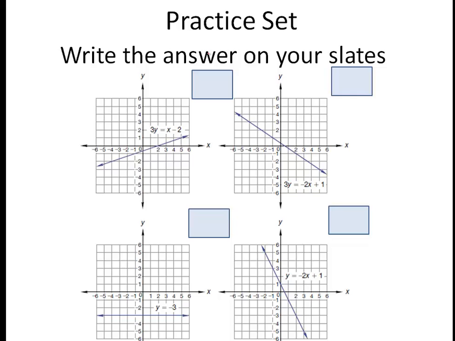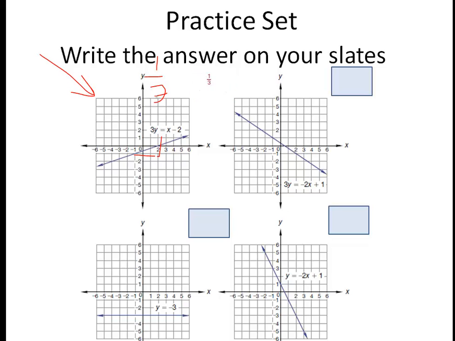All right, let's start with this one right here. Okay, so I'm going to go right here, and I go over 1, 2, 3, and up 1. So rise is 1 over 3. So I get 1/3. Hopefully you got 1/3 on that one.